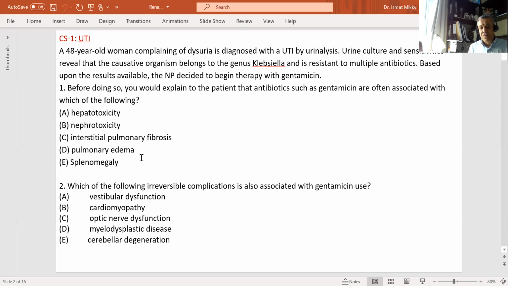We said renal nephrotoxicity, and the second one was ear problems, which is hearing loss and ototoxicity, in the form of irreversible vestibular dysfunction or damage, because that results in damage to the vestibular nerve. So that's A, the answer.